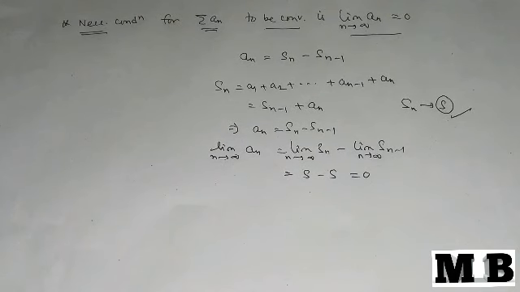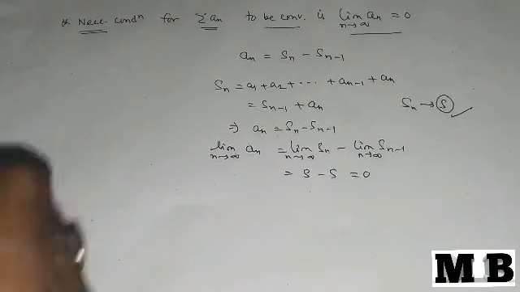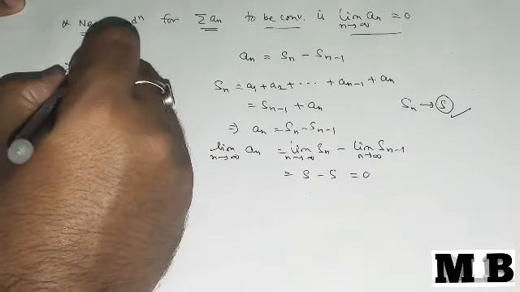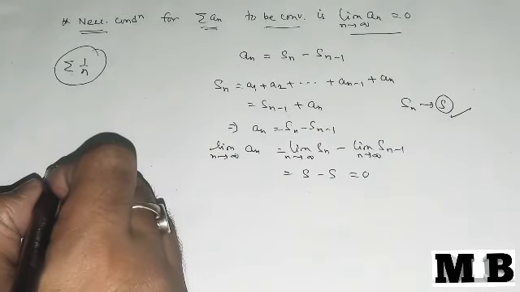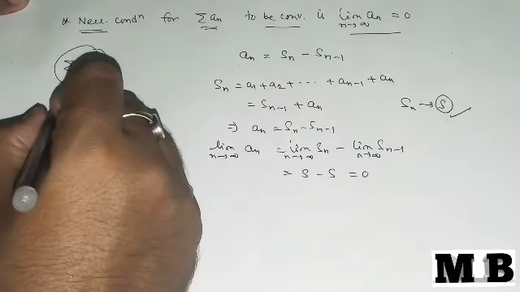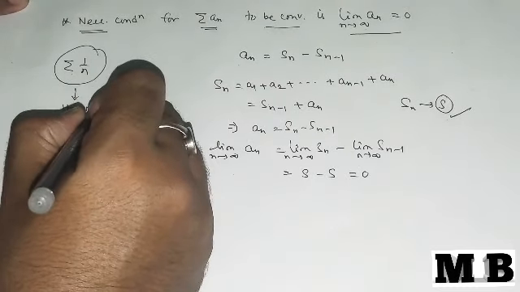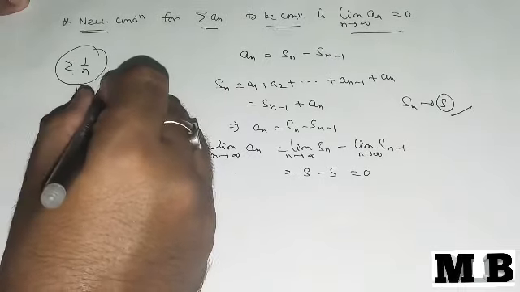But for sufficiency, you have a very standard example: summation 1 by n, the harmonic series. You know this series is divergent.